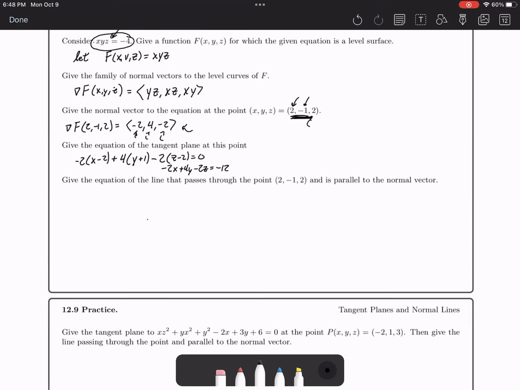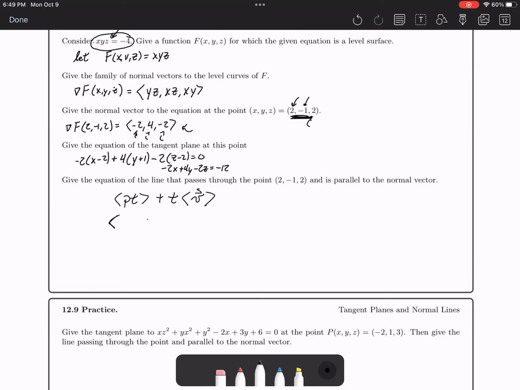And then finally, give the equation of the line that passes through this point, 2, -1, 2, and is parallel to the normal vector. So for the equation of a line, let's use the vector form. It's the initial point plus a parameter t that moves along your velocity vector, or the vector that points you in the right direction.